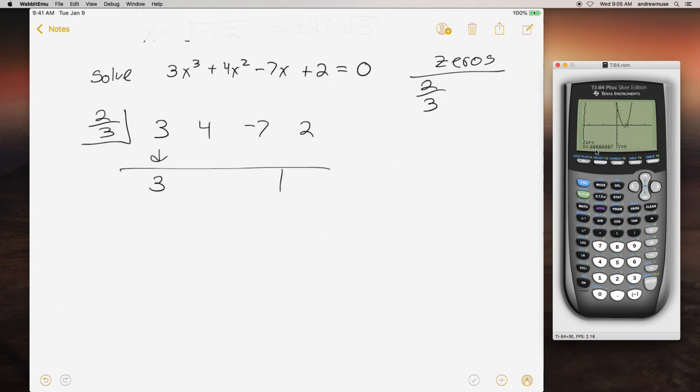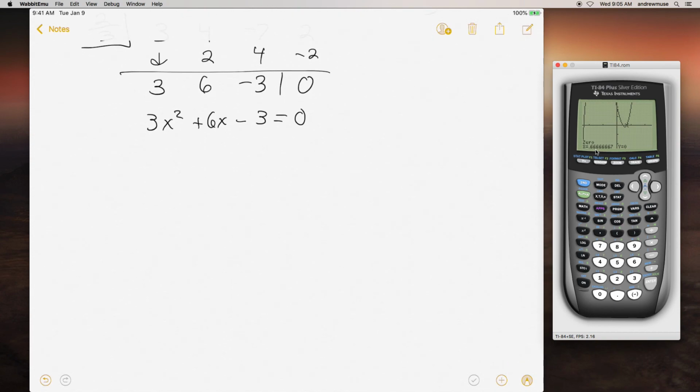Three comes down. 3 times 2/3 is 2. 6 times 2/3 is 4, -3, and -3 times 2/3 is -2, and I get 0. So I have 3x squared plus 6x minus 3 equal to 0. Again, quadratic formula.